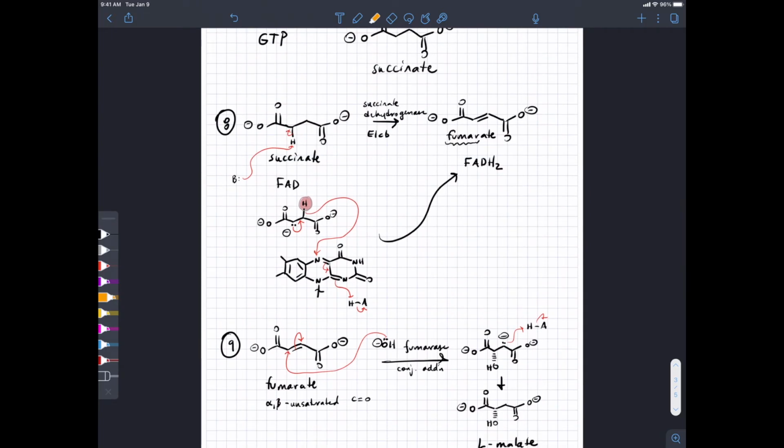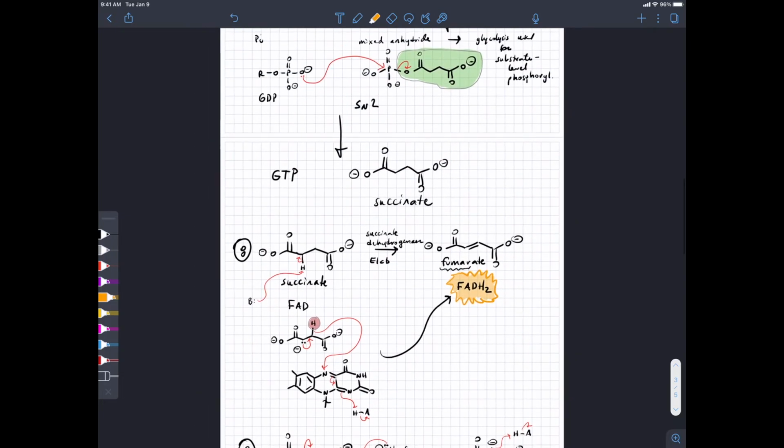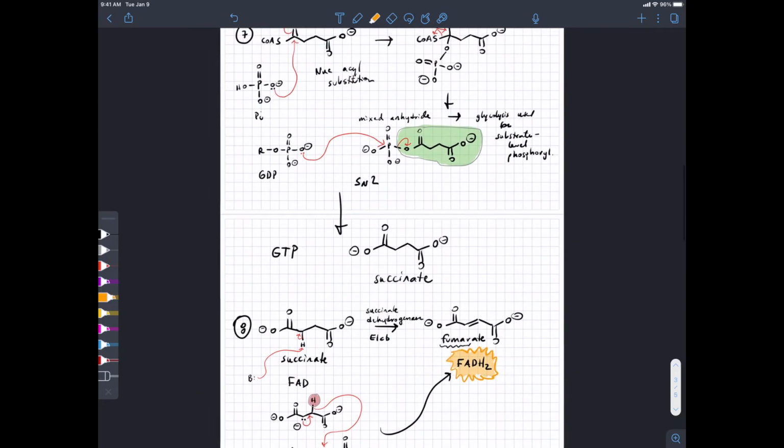There's another FADH2. What else? We've got another GTP, which we can use equivalently with ATP, though there are some unique uses for GTP in the cell, signal transduction and so on.